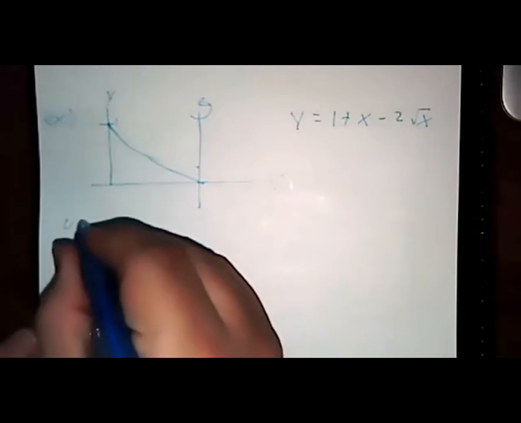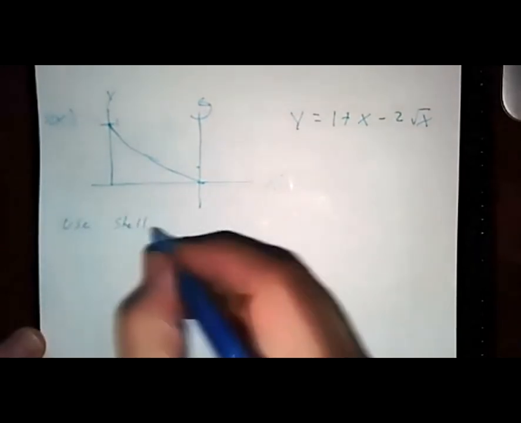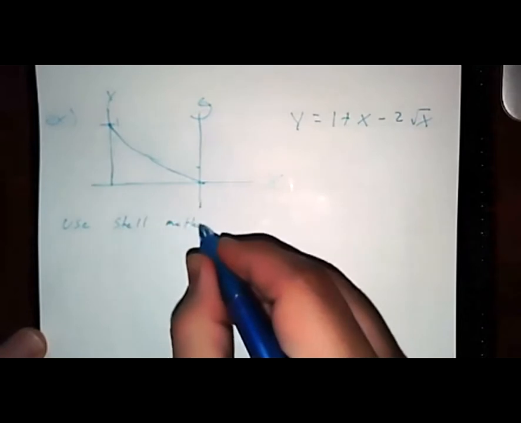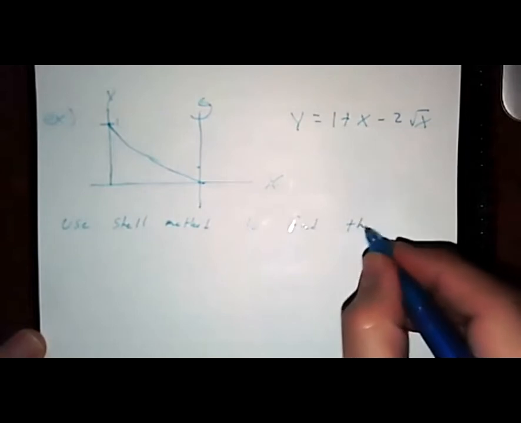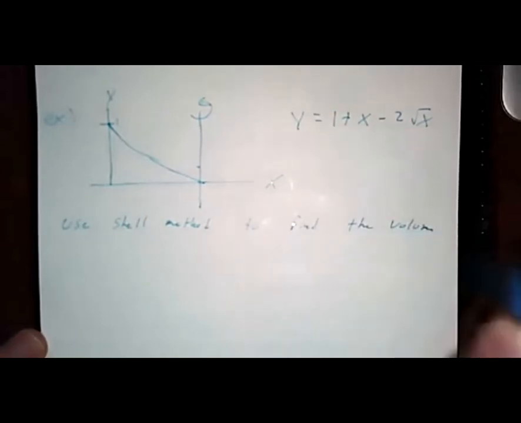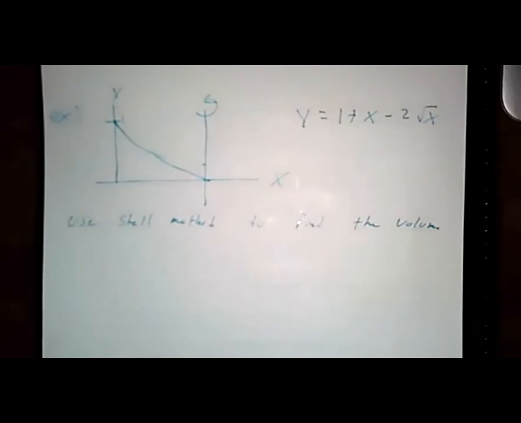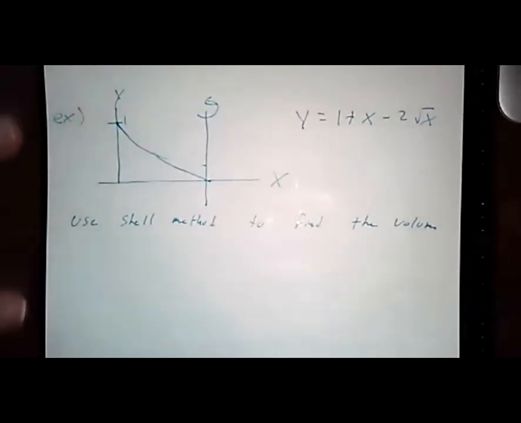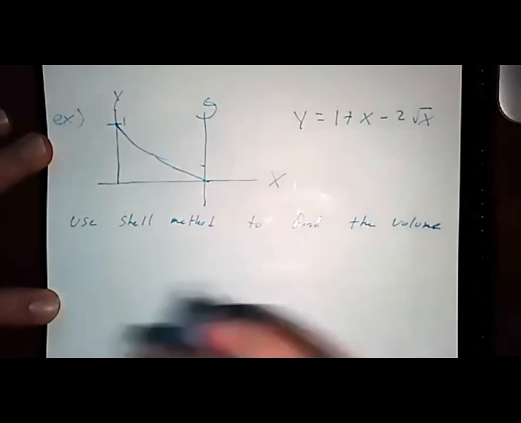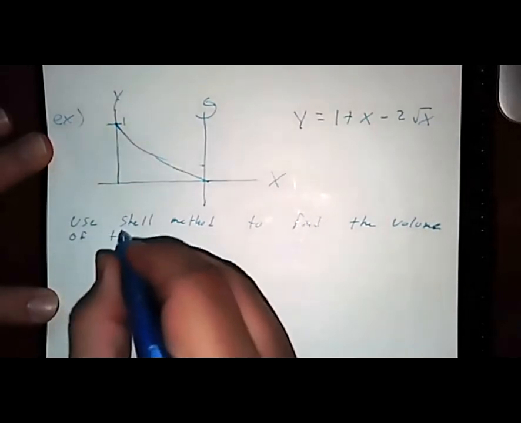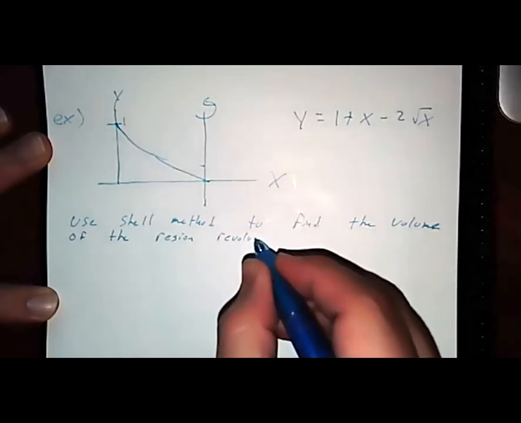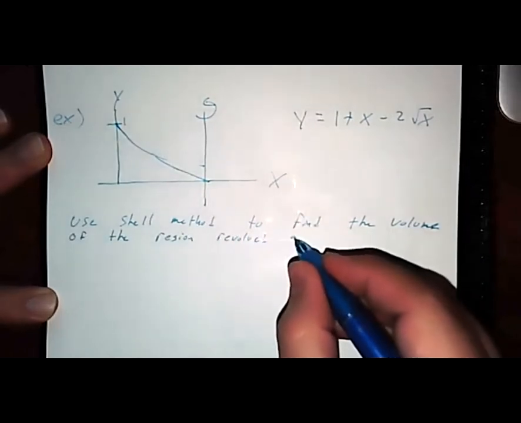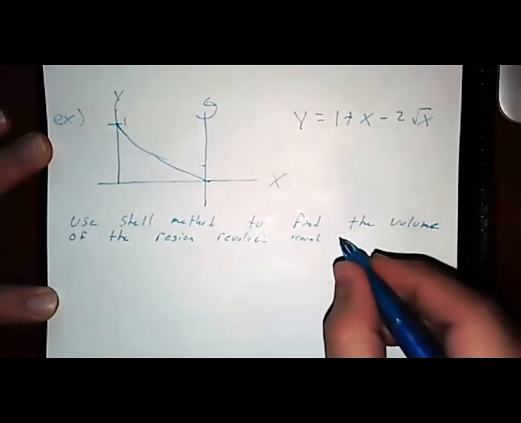So the instructions are use shell method to find the volume of the region revolved around y equal to 1. Sorry, x equal to 1.